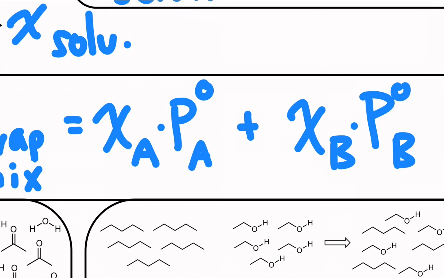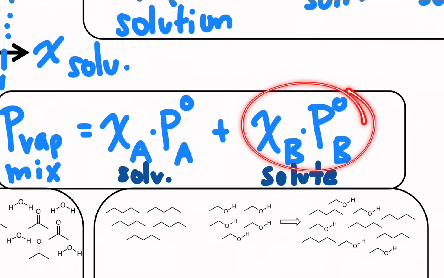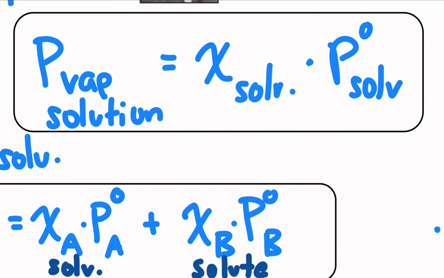And really, you could think of this as the same thing up above. You could think of this as solvent, except now we have to add solute to it because the solute has its own vapor pressure. You know, we actually had this in the previous equation as well, except the vapor pressure of a solute for a non-volatile solute is essentially 0.